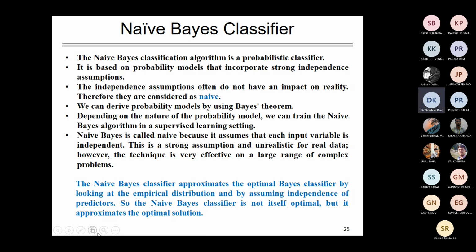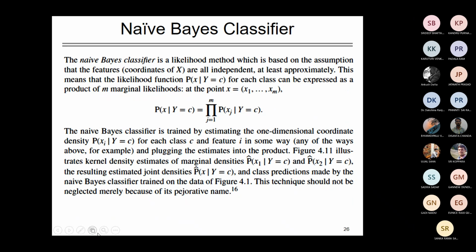So basically it approximates the optimal solution that we have obtained by the Bayes classifier. Now, the naive Bayes classifier is a likelihood method which is based on the assumption that the features or the coordinates of X are all independent.